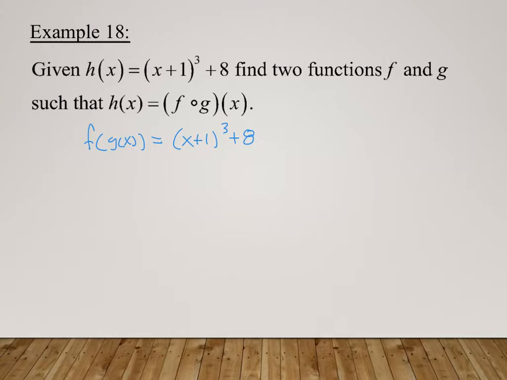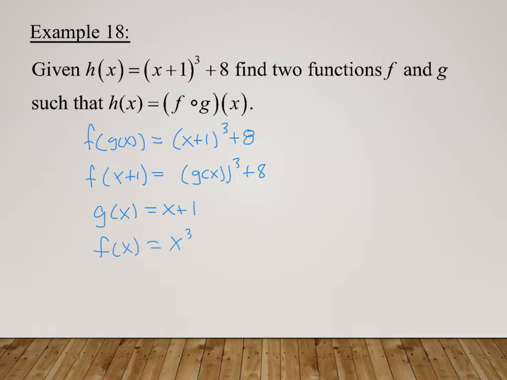So if we have f of (x plus 1), we now have the function g(x) cubed plus 8. So now we know that g(x) has to equal x plus 1, and f(x) is equal to x cubed plus 8.